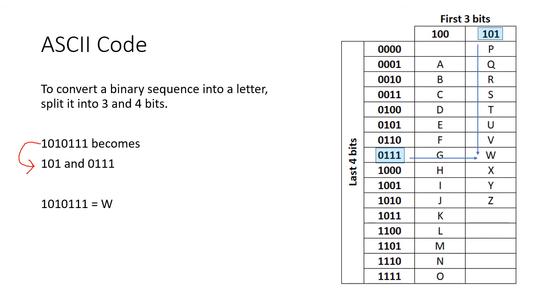So when we look over here, we find the 101, so we're looking on this column. We can see the arrow going down here, and then the last 4 bits, 0111, and we know that it is the letter W, and that's our answer there.